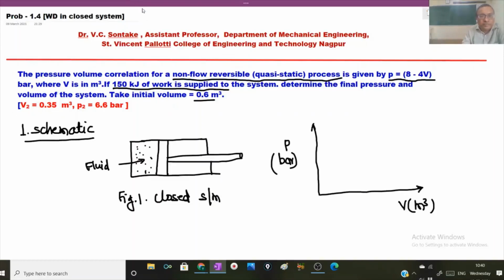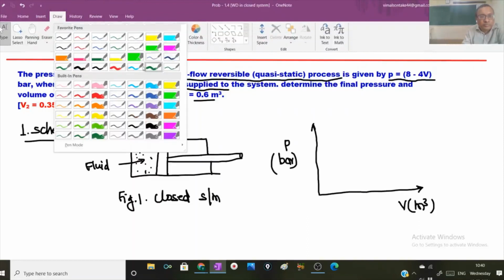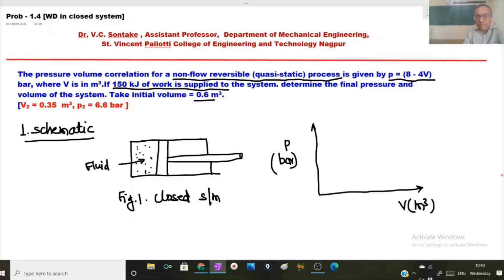Okay, so let us draw. P is equal to 8 minus 4V. This will be a linear variation.